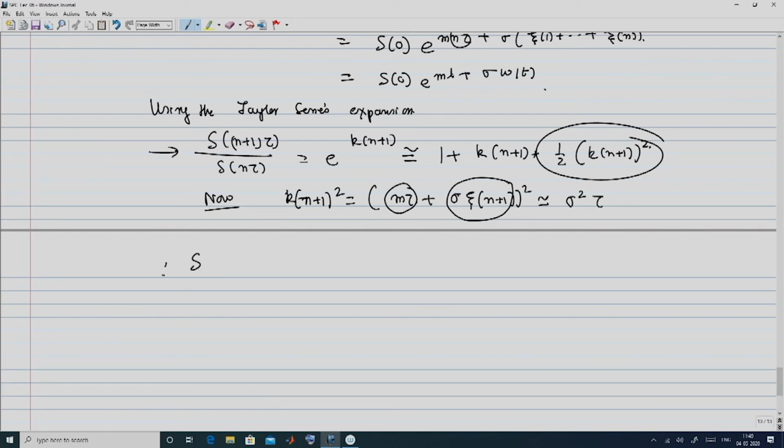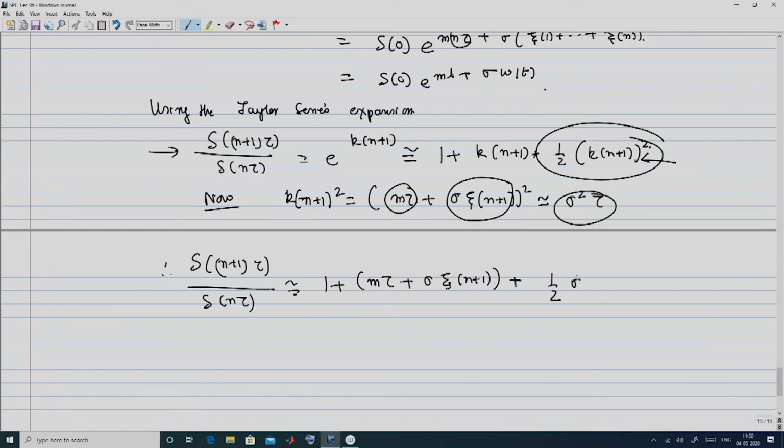So, therefore, I have S of n plus 1 tau by S of n tau. This is approximately going to be 1 plus k n plus 1, which I will now substitute as m tau plus sigma xi n plus 1, plus half, and this term I will replace with sigma square tau, and this I can rewrite as 1 plus m plus half sigma square with a tau common factor plus sigma xi n plus 1.